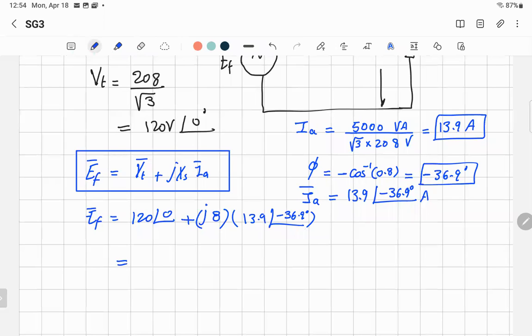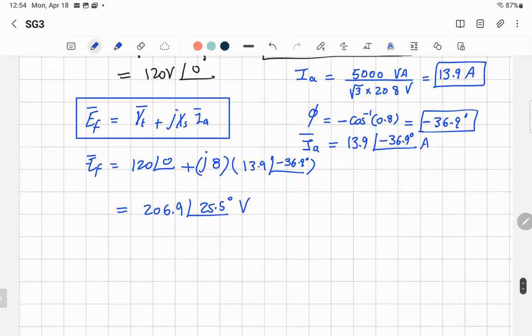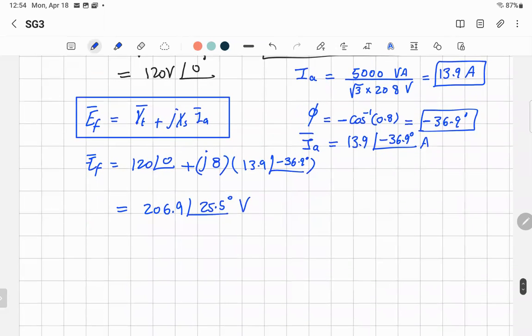Doing the calculation, I got EF equal to 206.9 at an angle of 25.5 degrees. So that's EF. The question is find the excitation voltage. So the excitation voltage is 206.9 volts. That's the answer.